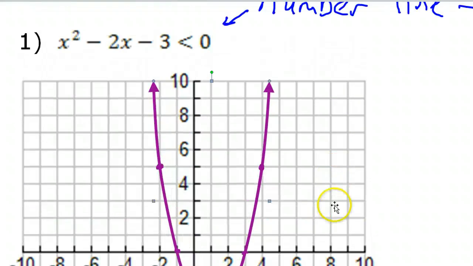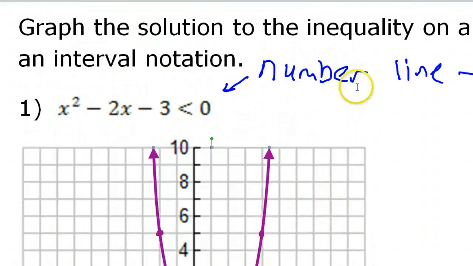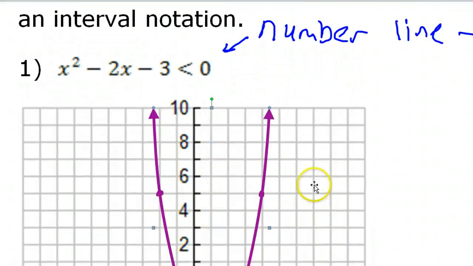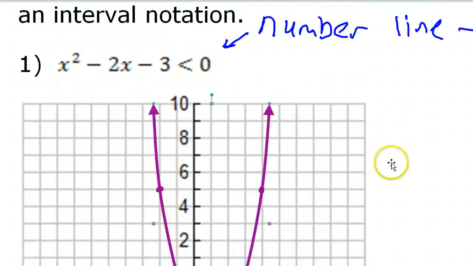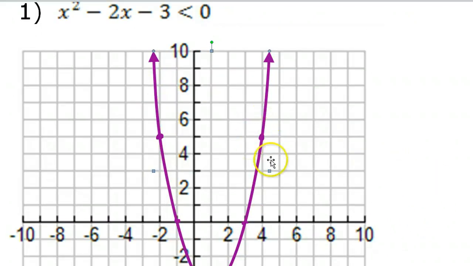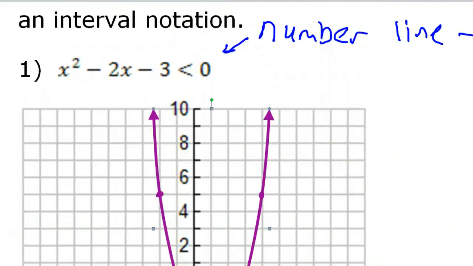Now, remember, this is going to be a number line graph, so I'm not going to shade in anything. Okay, there are no y values here, so I'm not going to shade inside, I'm not going to shade the outside. That's only for problems that have a y. Instead, I'm going to ask myself, what part of this parabola am I going to highlight?